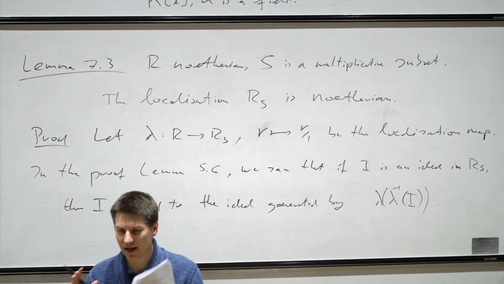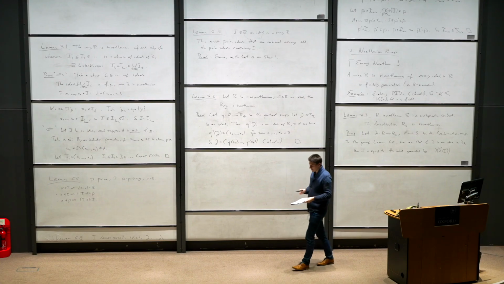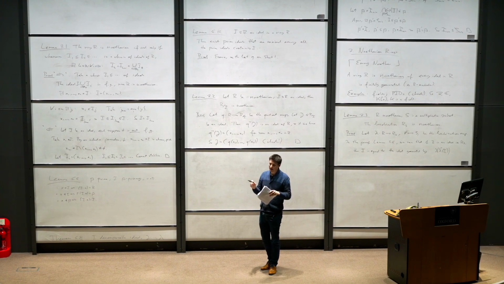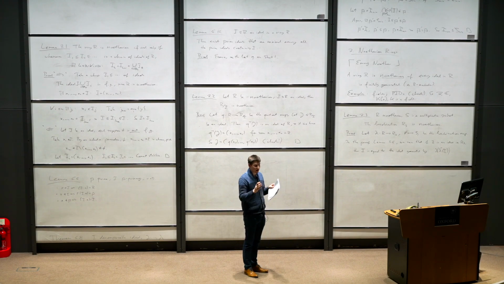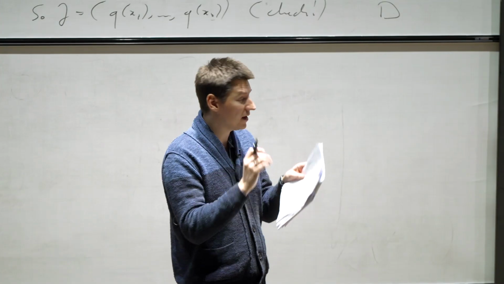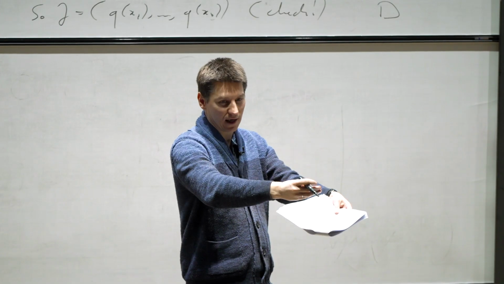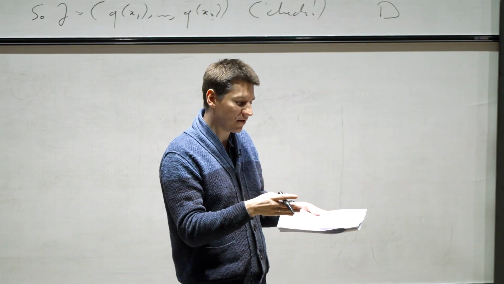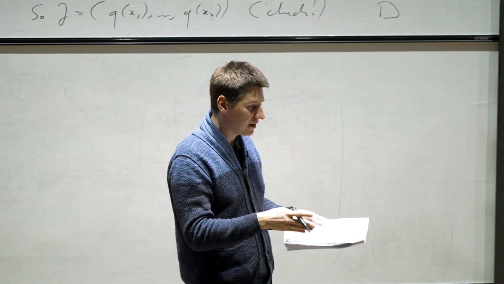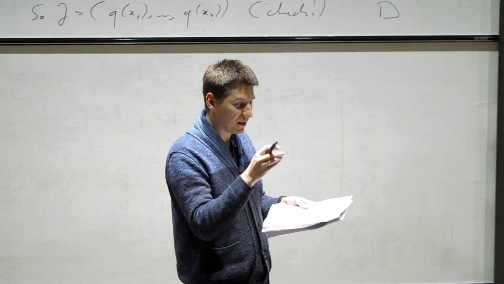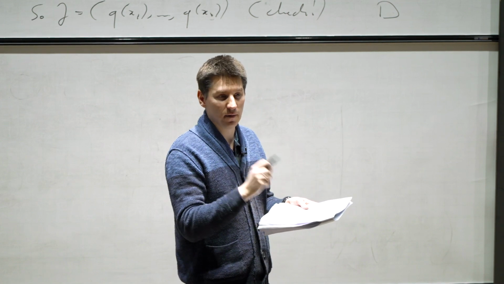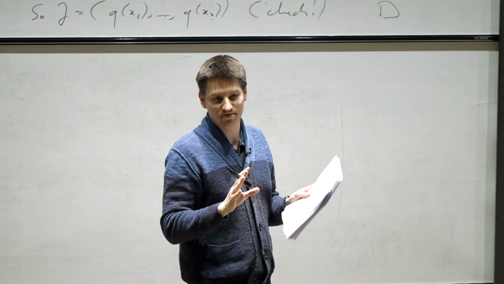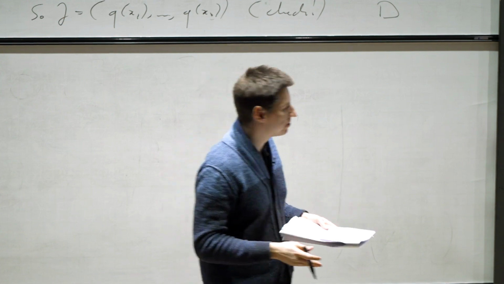Lambda inverse is pretty much intersecting the ideal with R, looking at the elements in the ideal which have trivial denominators. So formally we pull it back to R, we push it, and then we generate. The point is that every element in I comes from something in I which had trivial denominator multiplied by 1 over the denominator.